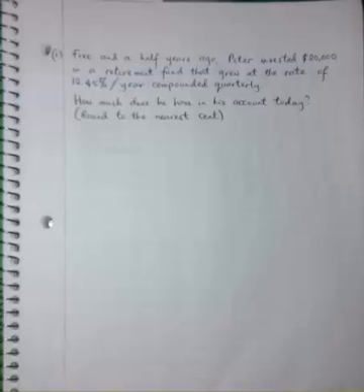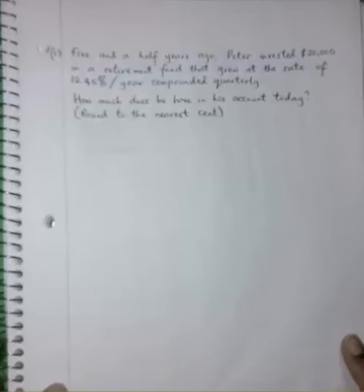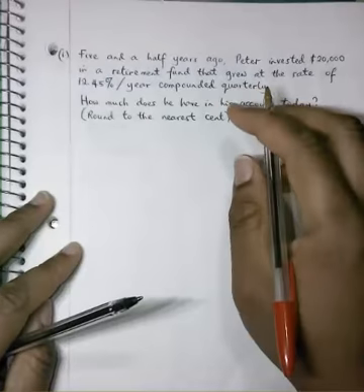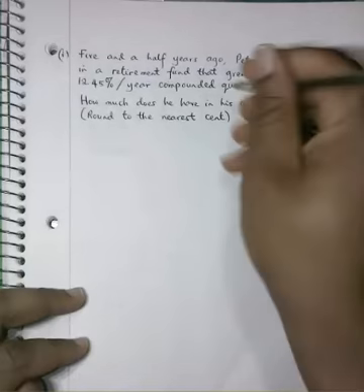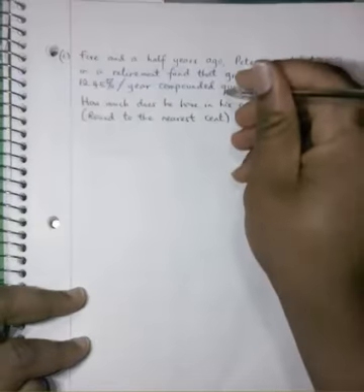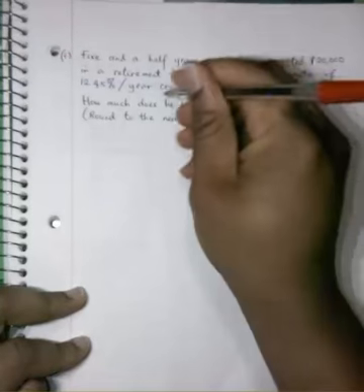The first question: 5.5 years ago, Peter invested $20,000 in a retirement fund that grew at the rate of 12.45% per year, compounded quarterly. I am going to circle what we need. This is compounded quarterly, so this is compound interest.